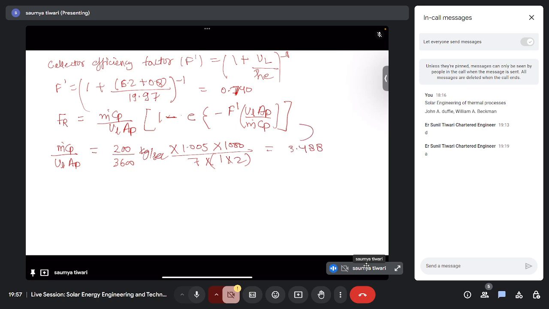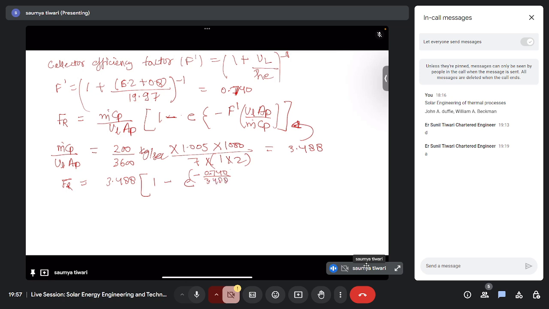So we'll put this value into this equation to get another performance parameter for a solar air heater. So this will be 3.488 into 1 minus e to power minus F dash, which is 0.740, and this is 3.488.